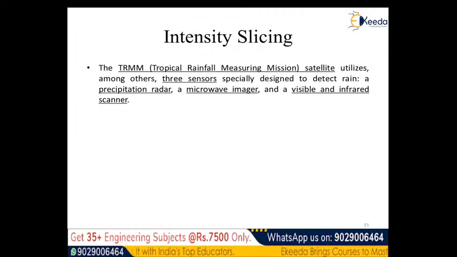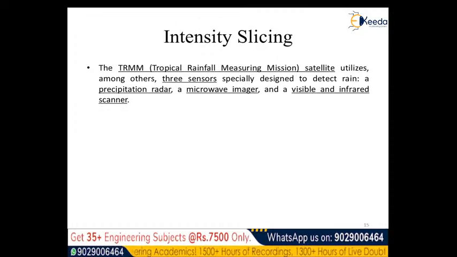Sensors are mounted onto the satellite platform in space, and from there they detect information with the help of whatever reflection they obtain, and they are designed to detect rain. A precipitation radar, the microwave imager, and the visible and infrared scanner are the parts of this system.